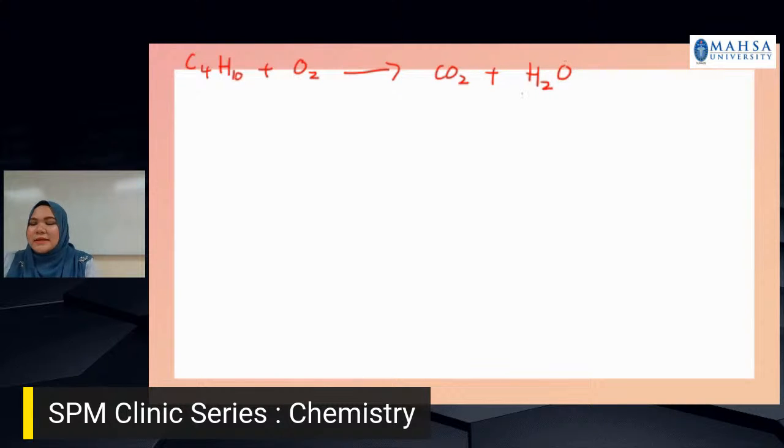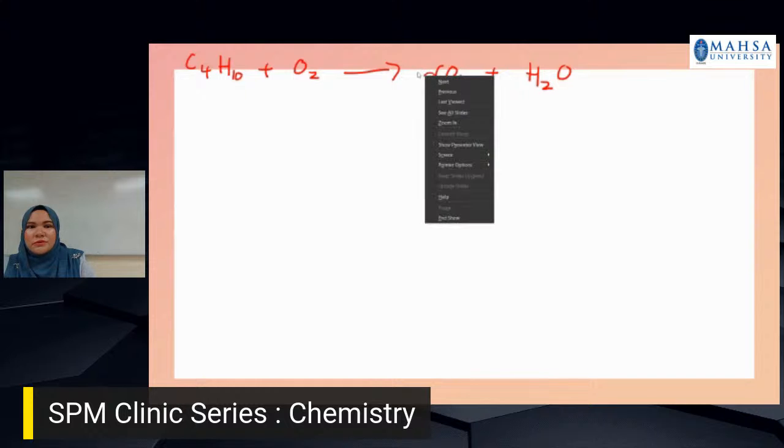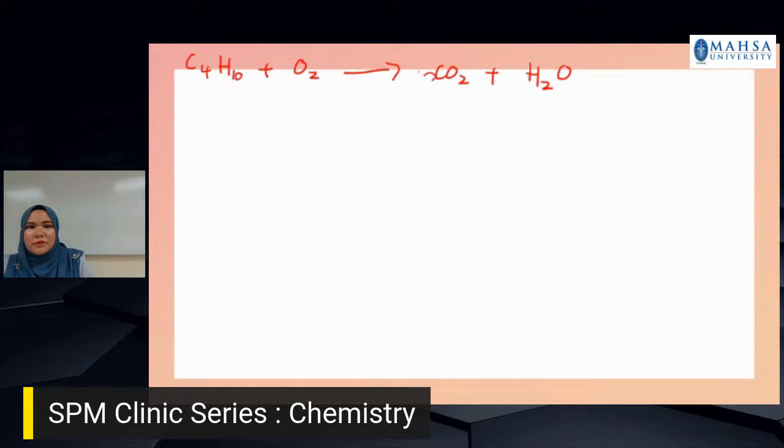Okay, so how to balance this kind of chemical reaction? First you need to balance according to the number of carbon. Carbon equals 4, so you need to make it 4 over here.